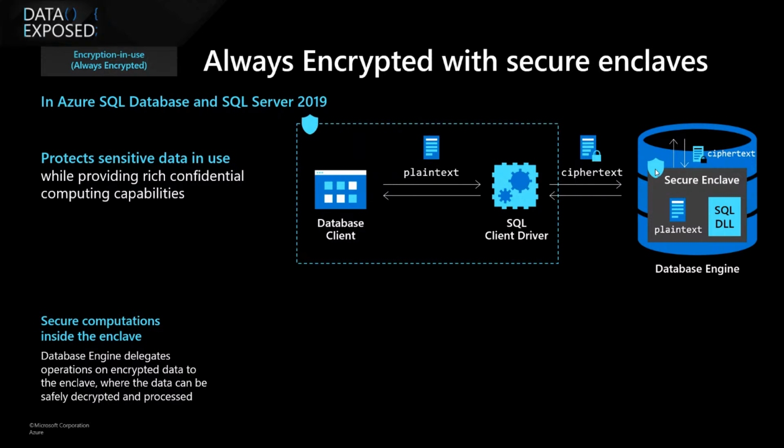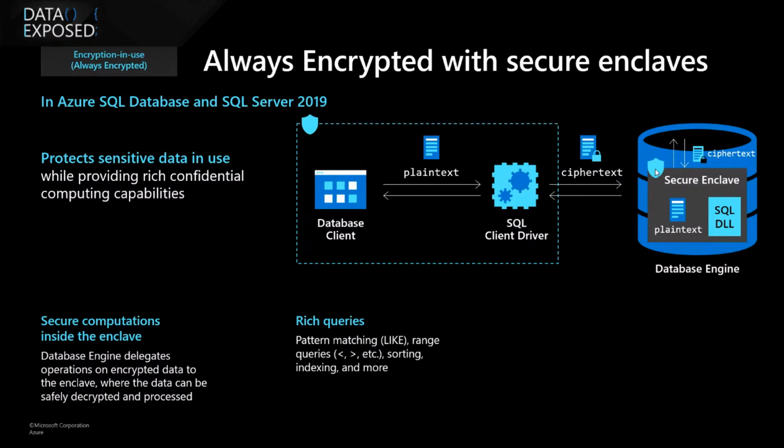So during query processing, the query processor inside the database system delegates computations on encrypted columns to the enclave, where the data can be safely decrypted and processed, right? And now we can access plaintext data within that secure environment, so we can support much richer queries.